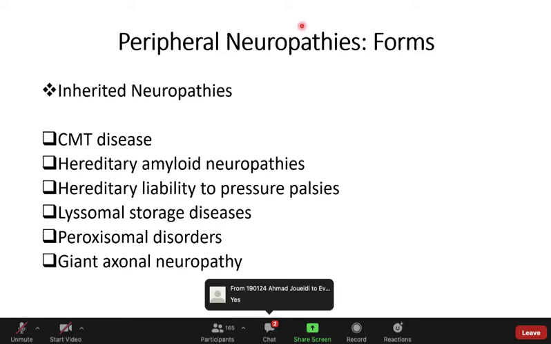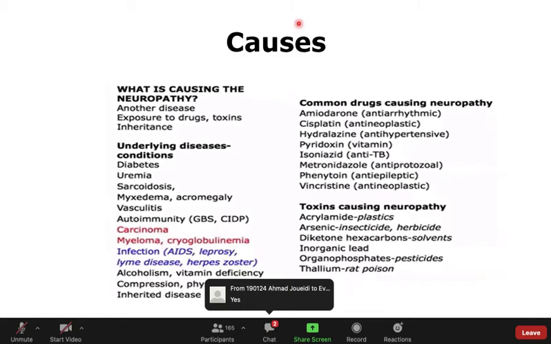We did talk about most of the causes. Regarding the inherited disease causes, there are also toxins and drugs that are known to cause peripheral neuropathy through different mechanisms.